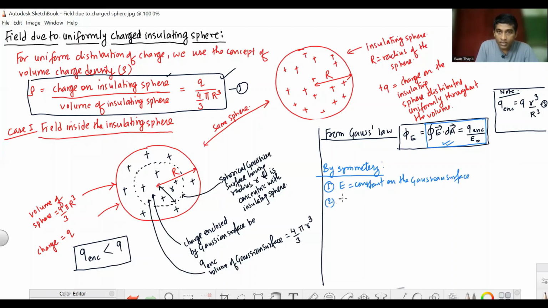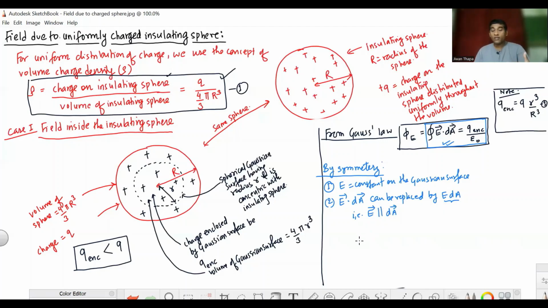Next, this dot product can be replaced by algebraic product, that is E dA, and this is possible only when electric field is parallel to the area vector.